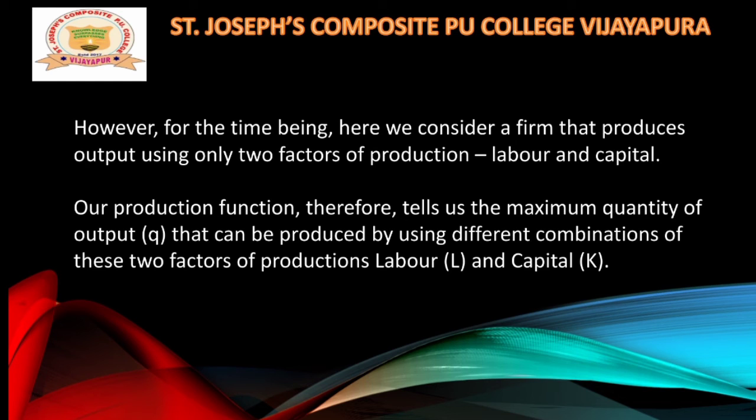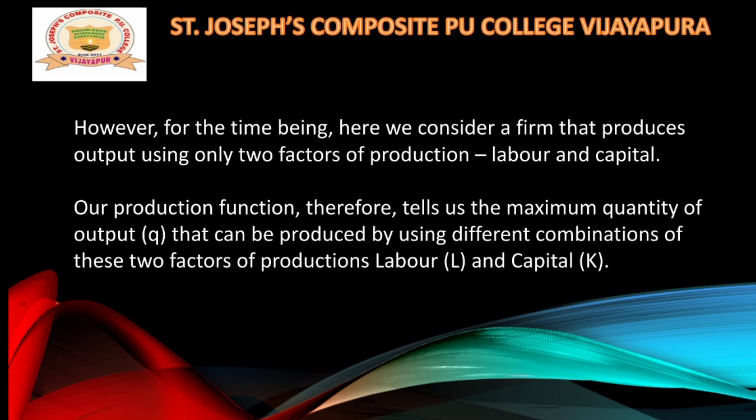Then our production function tells us the maximum quantity of output, Q, that can be produced by using different combinations of these two factors of production, labor and capital.